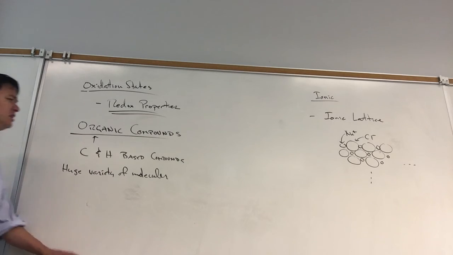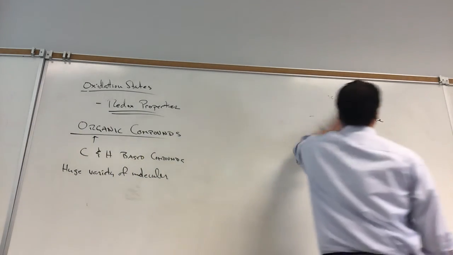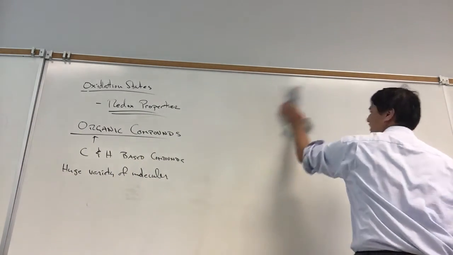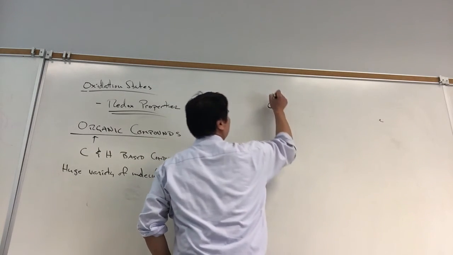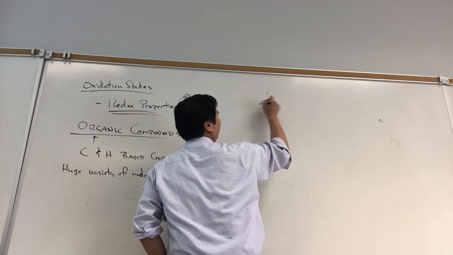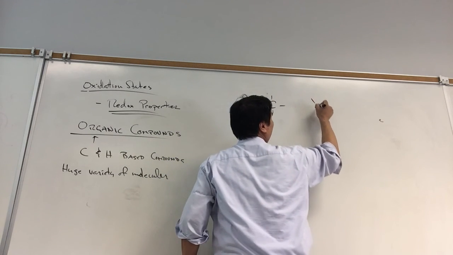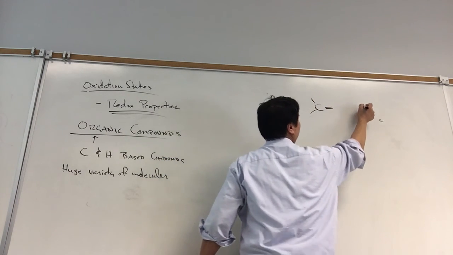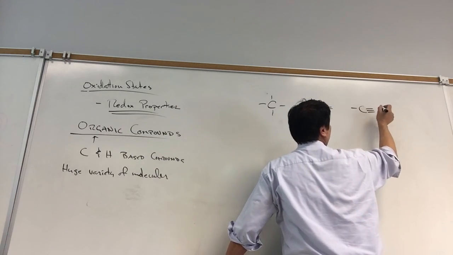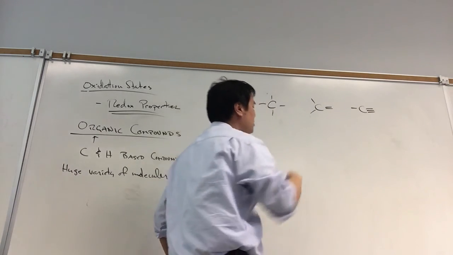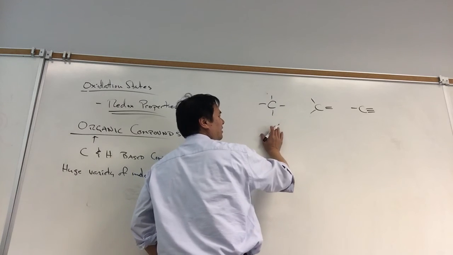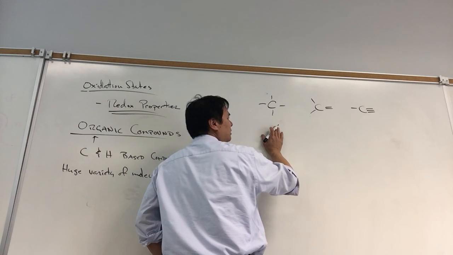And the reason is because of the bonding. Carbon is capable of forming 4 bonds, but there's a variety in the bonds. It can form 4 single bonds. It can form 2 single bonds and a double bond. You can form a triple bond and a single bond. So there's a variety of bonding that's observed for carbon.